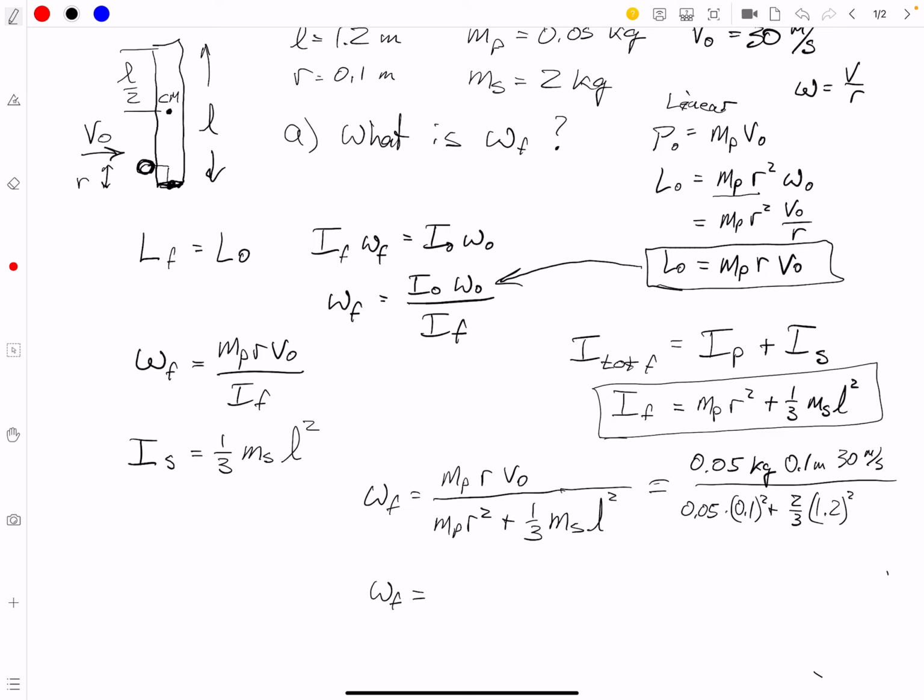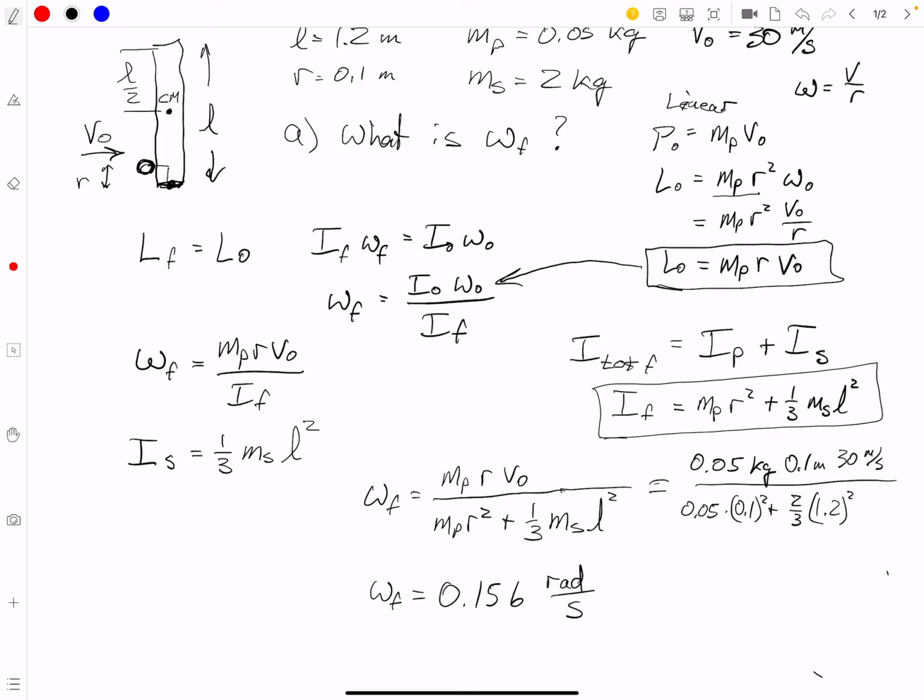30 times 0.05, enter. 0.1 squared times 2, enter. 3 divide. 1.2 squared times plus, and then divide. 0.156 radians per second.